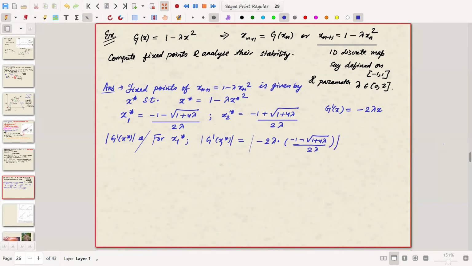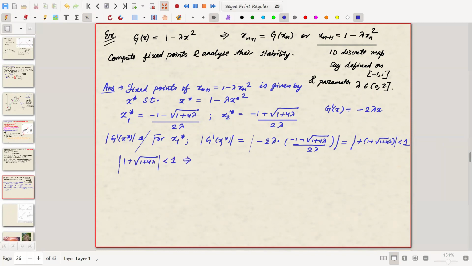You can cancel this out, so we will have, actually, plus 1 plus root over 1 plus 4 lambda.